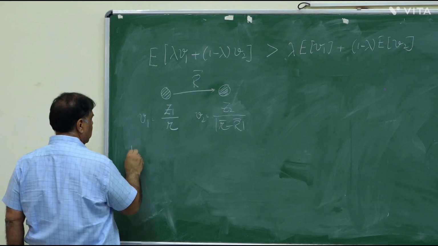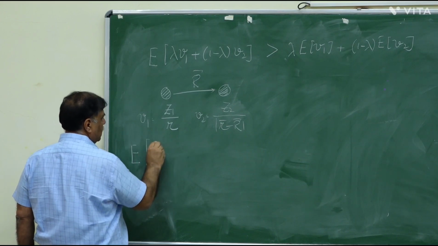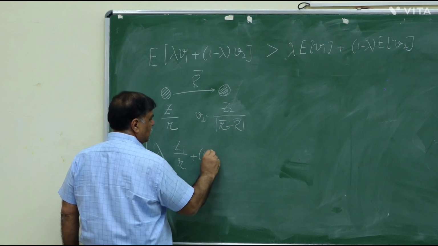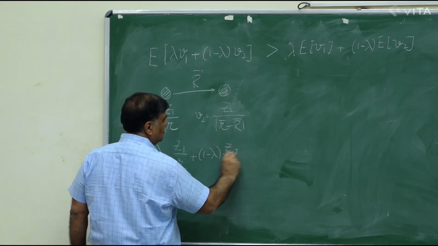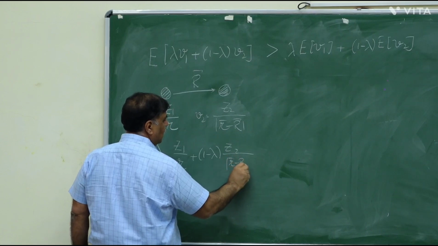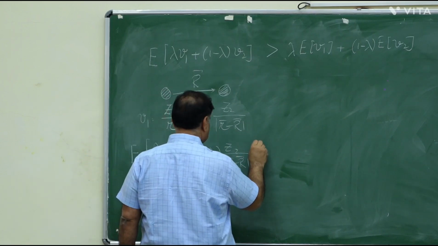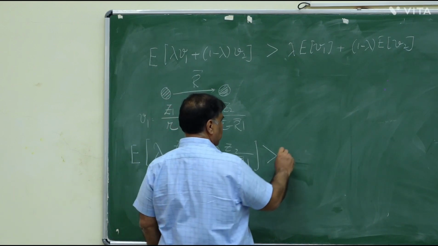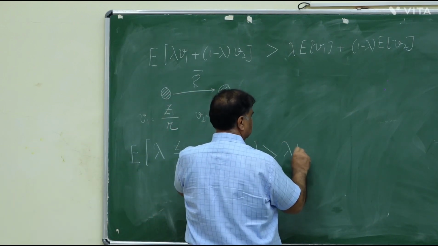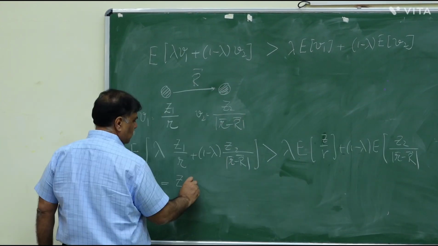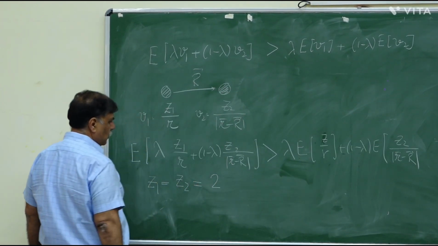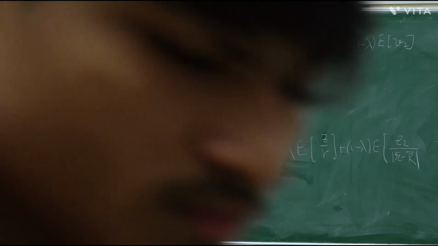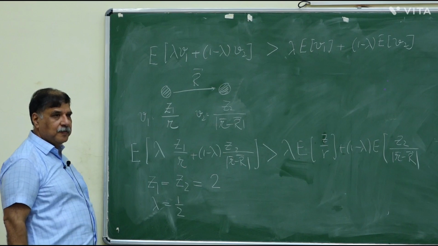And the molecule says that the energy of lambda Z1 over R plus 1 minus lambda Z2 over R minus R is going to be greater than lambda Z2, with Z equals 2 and lambda equals 1/2.